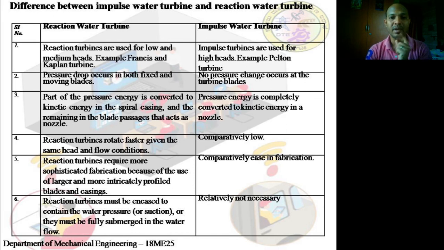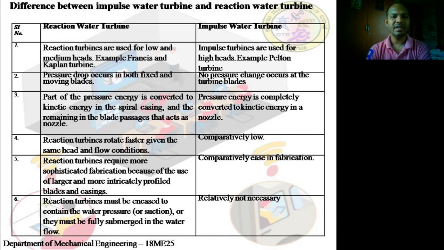Now one more point: we will have blades in the reaction water turbine, whereas in the impulse turbine we will have buckets or cups. The shape of the cups is different from the shape of the blades in the Francis or the reaction turbines.